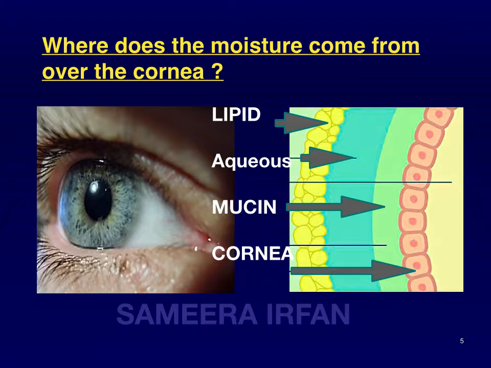Now, how do tears spread from the lower meniscus onto the surface of the cornea? This happens by the blinking mechanism.